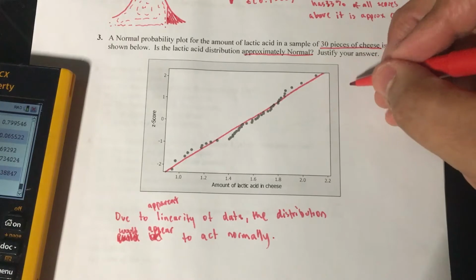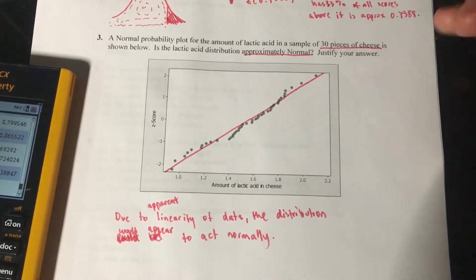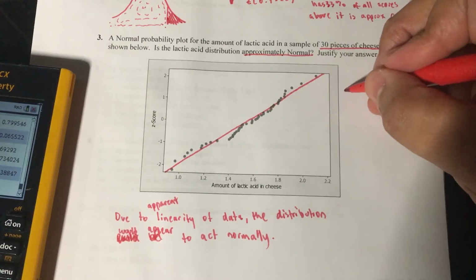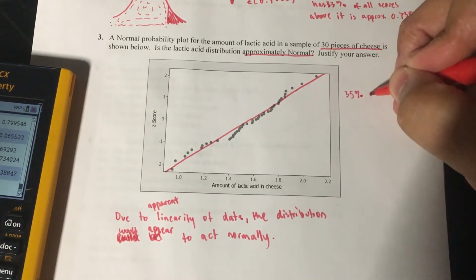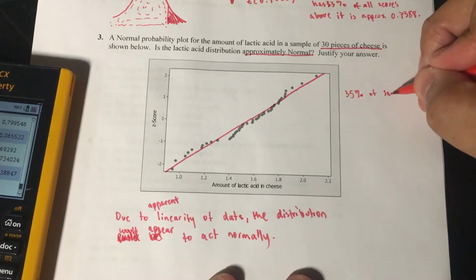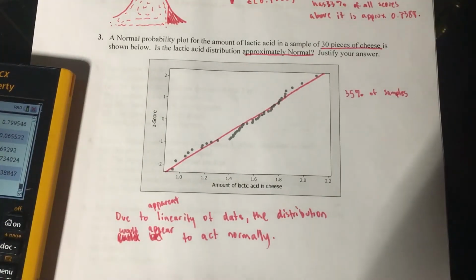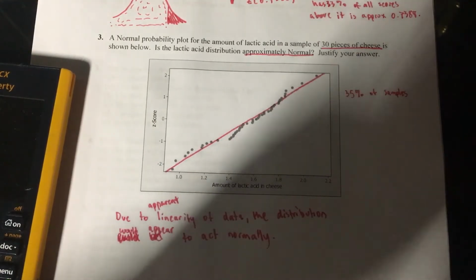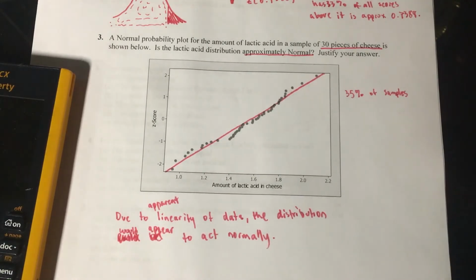If I had said that 35% of the samples had a mean of 1.4 or less, is that a proper guess?